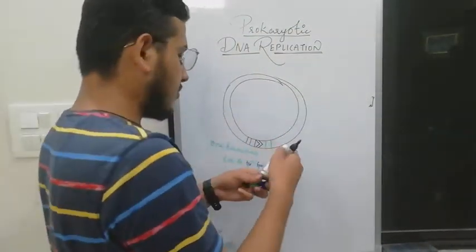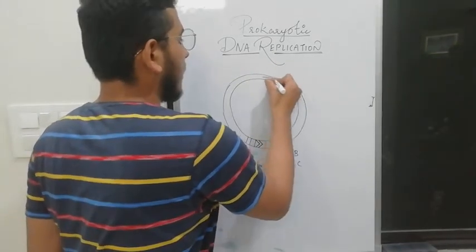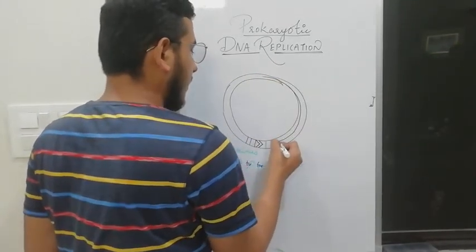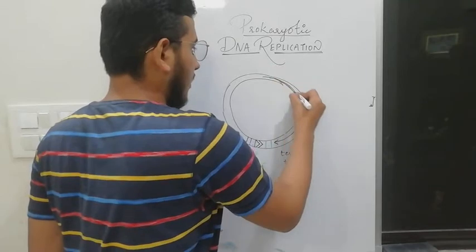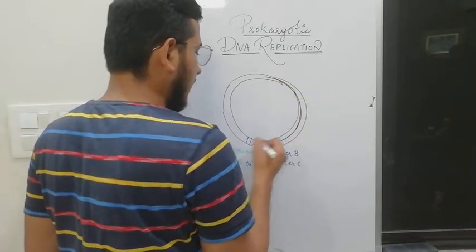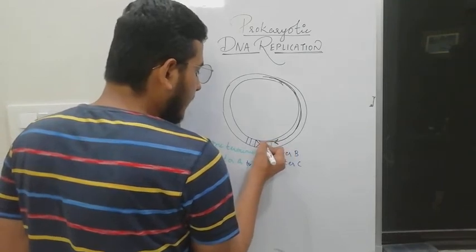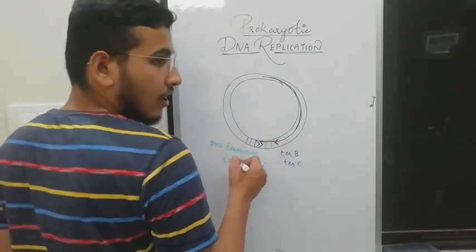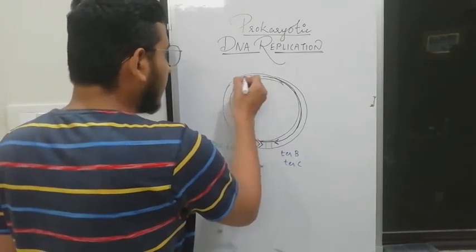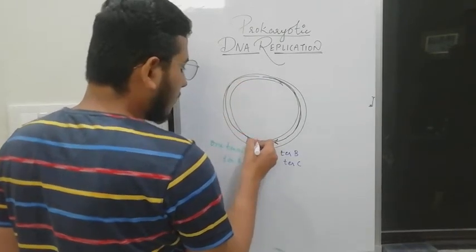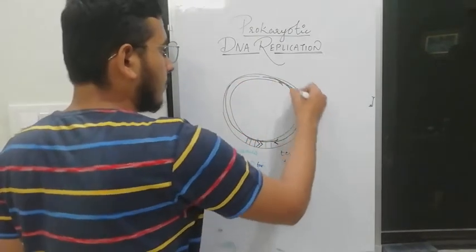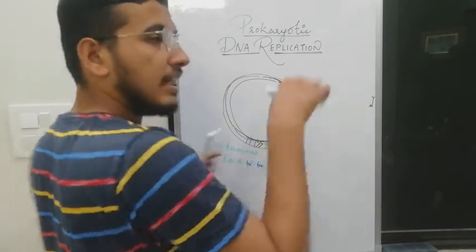If we assume that this comes here, the daughter DNA comes here, so this will stop here. And when this comes, this will stop here. No one can stop each other.